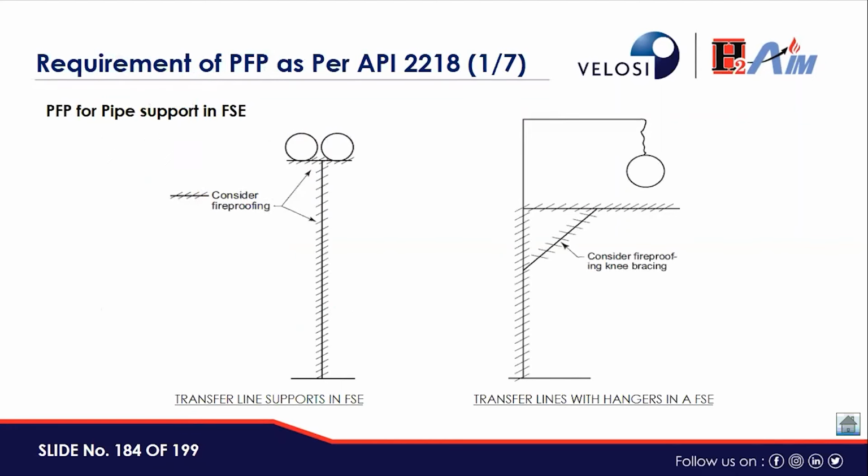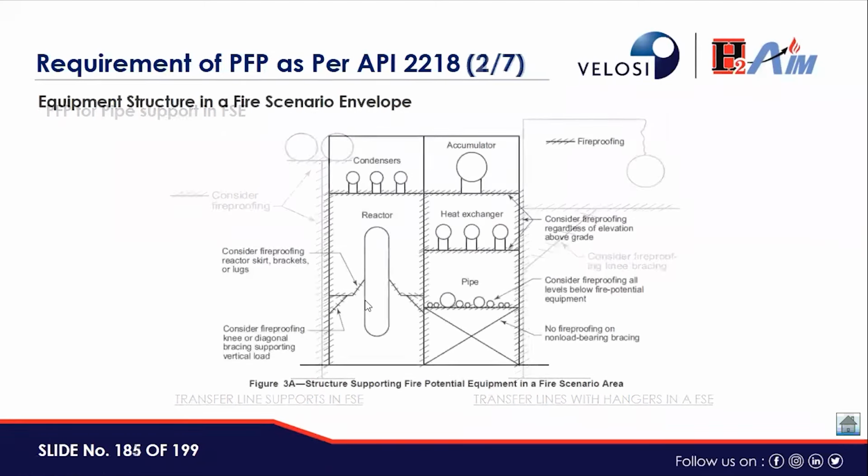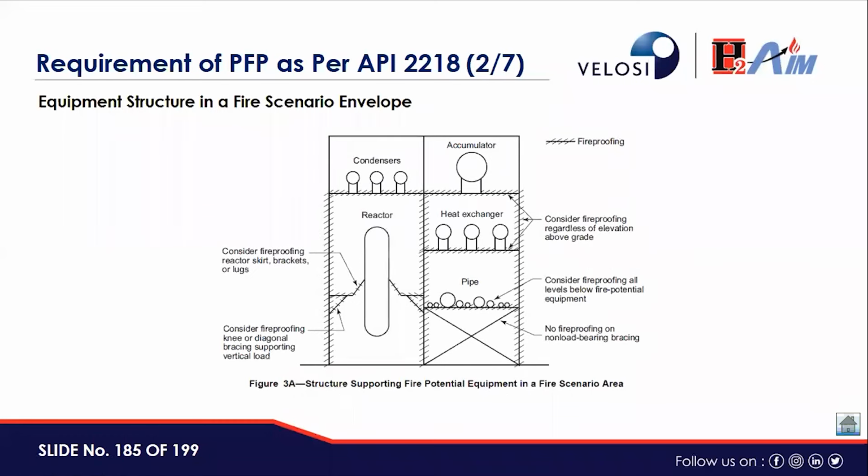So this was the passive fire protection requirement as per API 2218. These are the transfer line supports, and then these are the transfer lines with hangers in the FSE. These are the equipment structures in the fire scenario envelope.